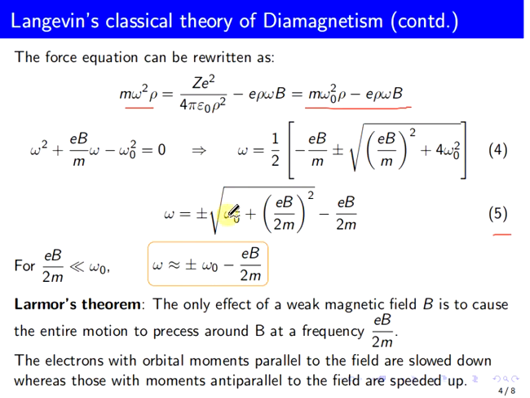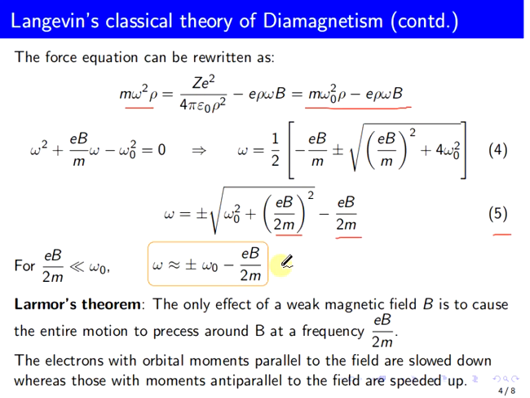In that case, the second term of this equation can be neglected. So finally, we get the expression for omega, which is closely equal to plus or minus omega 0 minus EB by 2m. So that is the new frequency.